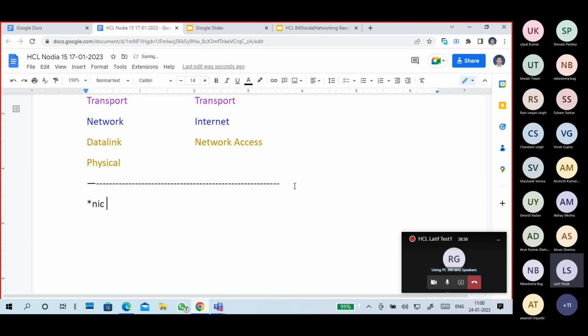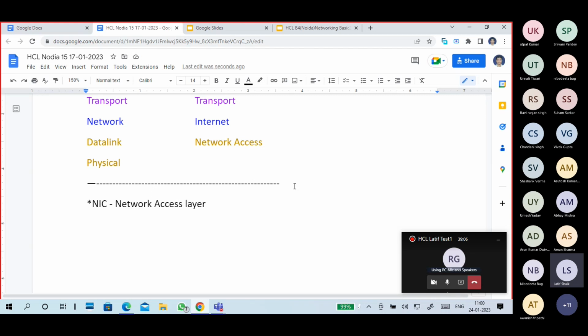But about the NIC, we have a NIC having a MAC address and physical connectivity. Okay. So it comes under the network access layer. Means it's a combination of data link layer and physical layer.